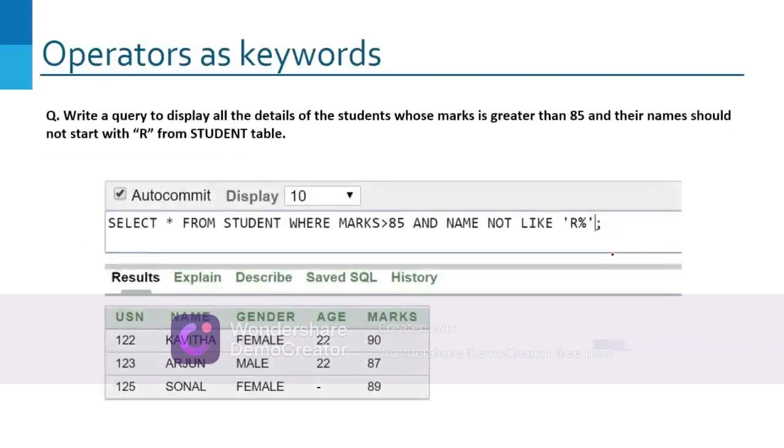SELECT * FROM student WHERE marks > 85 AND name NOT LIKE 'R%', because we don't want the names starting with R. So we are getting all the names which do not start with R and whose marks are greater than 85, right? So these are the ways the question will be asked, and this is how we have covered the next topic, which was operators as keywords.